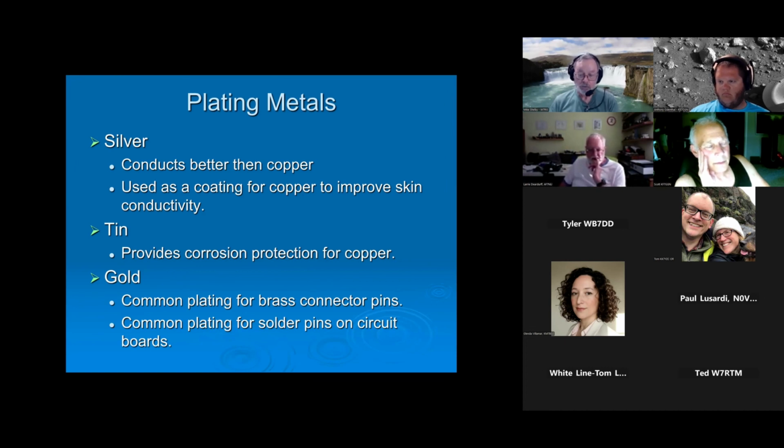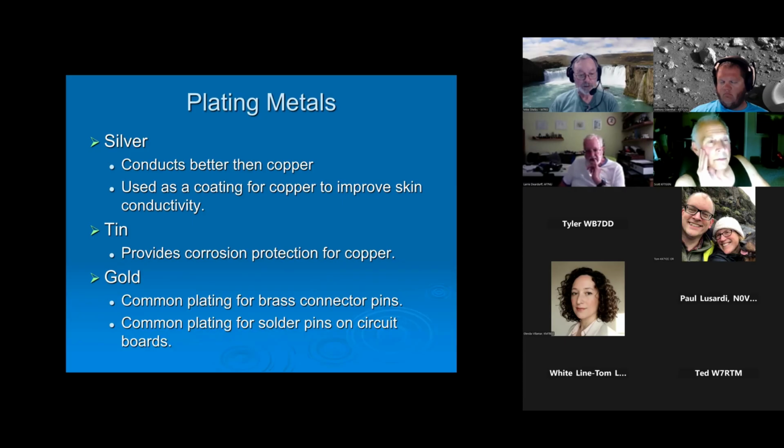You can also use, on top of that, where you are putting a lead that you want to solder, gold plating. Gold plating works out very, very nicely on top of brass for allowing you to solder.